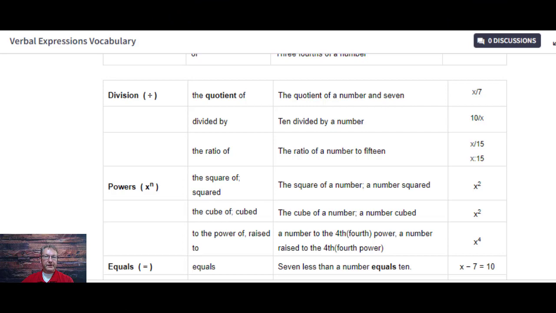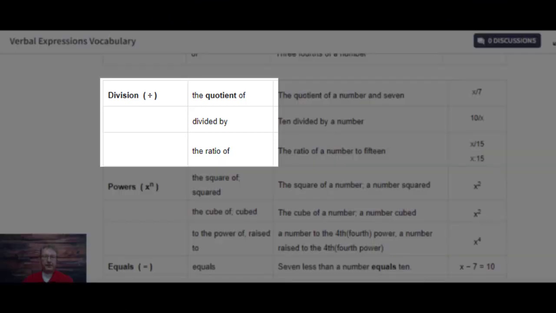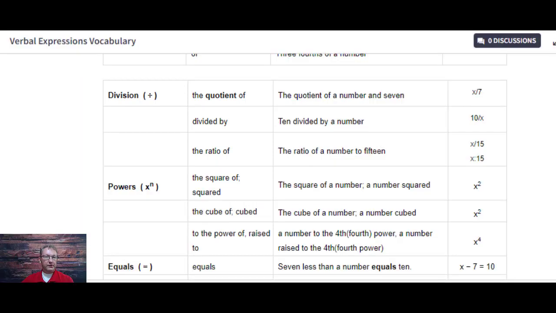Okay, let's look at division. There are three main phrases for division: the quotient of, divided by, or the ratio of. So the quotient of a number and 7 is just x/7. Divided by: 10 divided by a number is just 10/x.